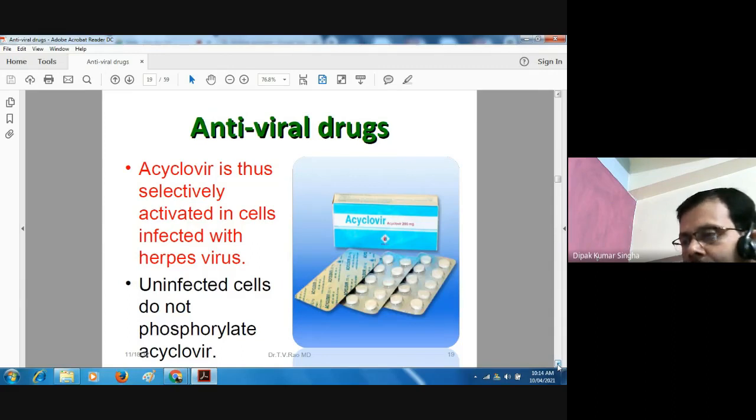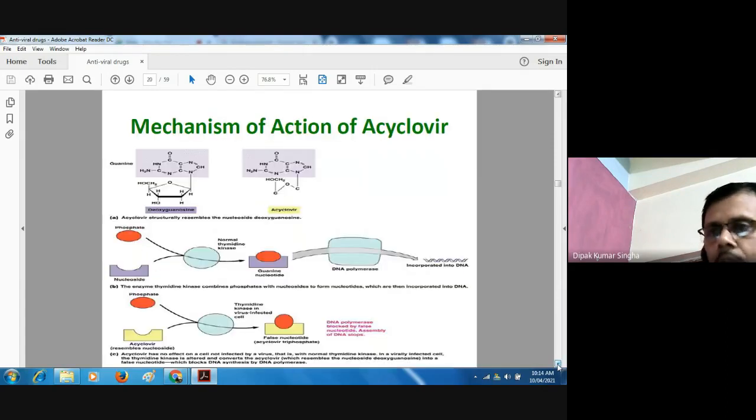So uninfected cells are not affected by acyclovir. Acyclovir's market name is Zovirax. This Zovirax is used especially at 200 and 400 doses in the case of varicella zoster. It is a very potent drug for measles and other types of viral infection. These are the basic mechanisms of action of acyclovir and related drugs.